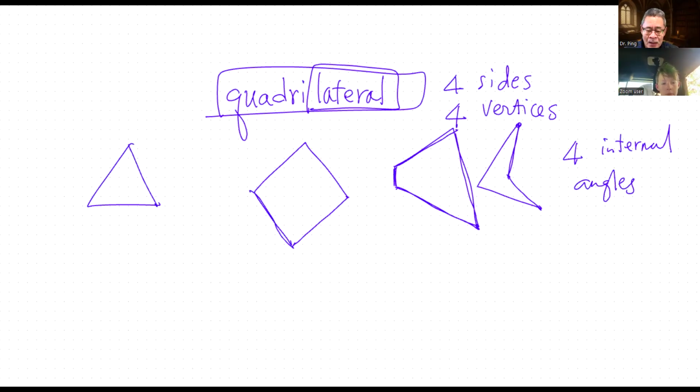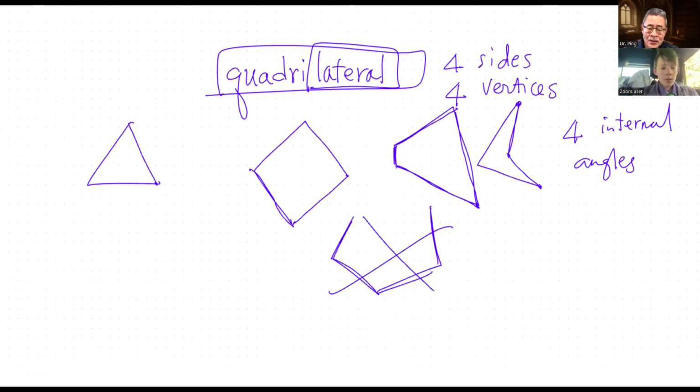Anything as long as it is made of four straight lines and they are closed, that's a quadrilateral. Now this is not a quadrilateral because it is not closed. We got four sides, 1, 2, 3, 4, but they are not closed. So it has to be closed and has to have four sides.